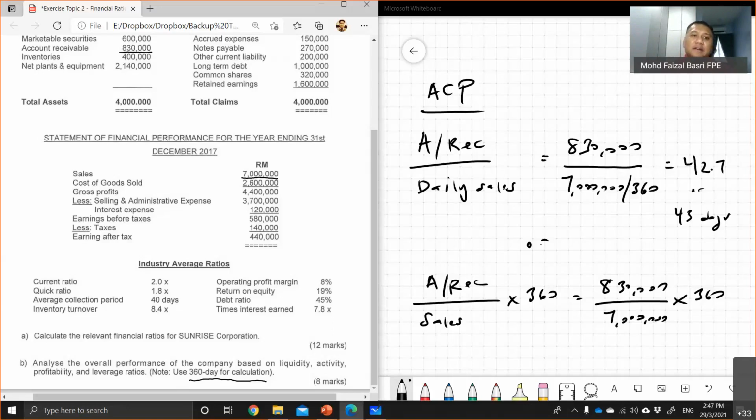But there's one term we actually use. I'm not sure whether you've learned this in business mathematics or not. We call it the banker's rule. In the banker's rule, the calculation will be based on the denominator, and the denominator is always based on 360.